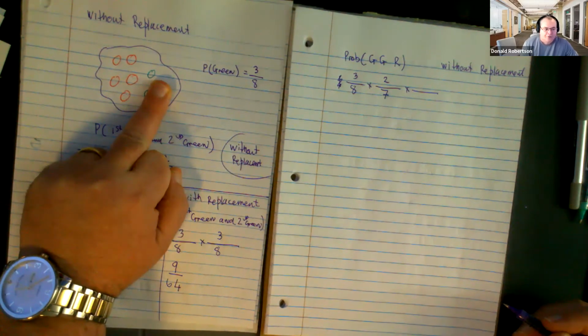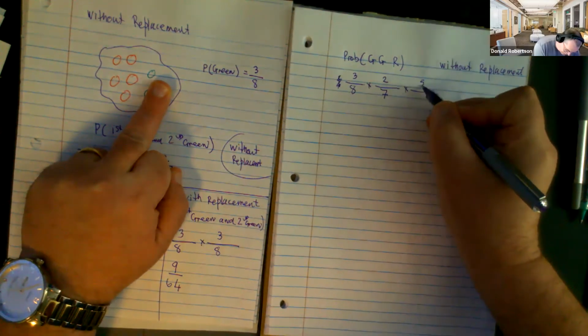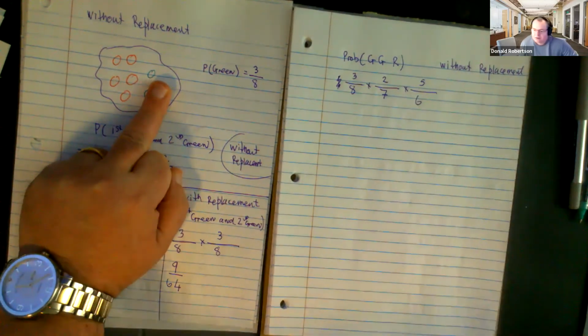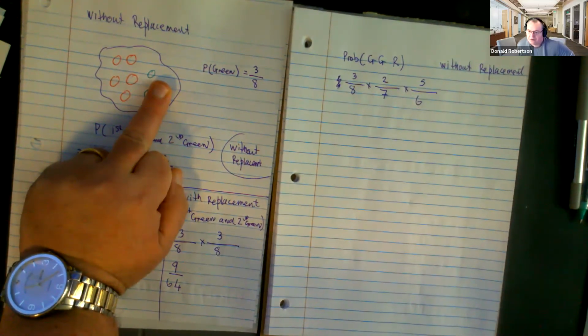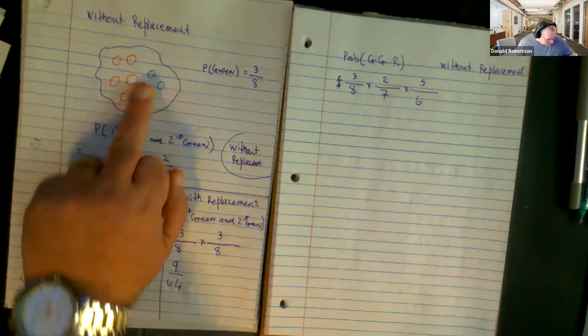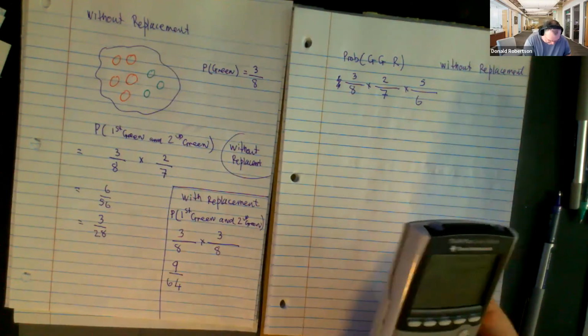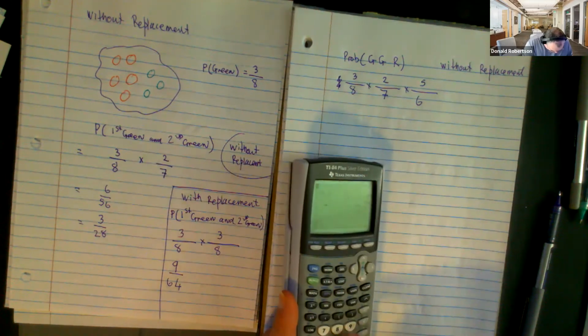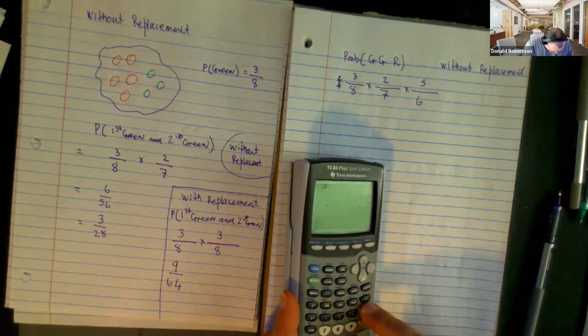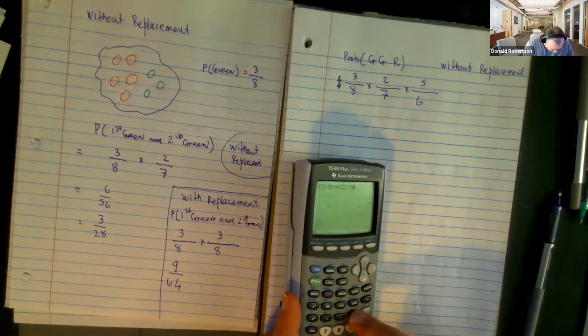And how many of those are red? There's 5 red out of 6. Are we good? Right, now, that's just not worth me trying to do in my head. So here goes. I'm going to do 3/8 in brackets times 2/7 in brackets times 5/6 in brackets.